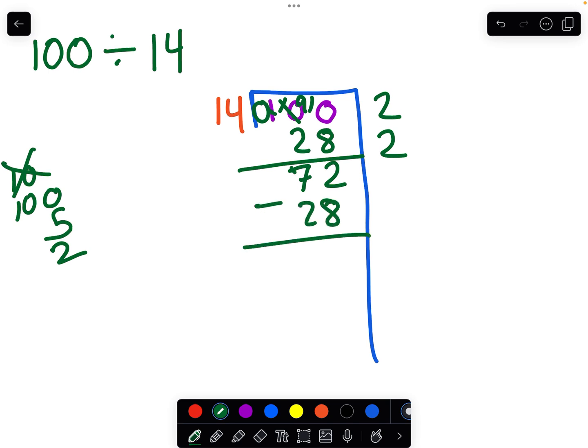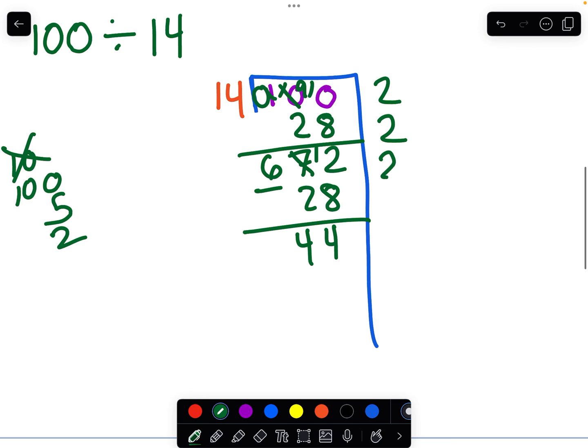And then I'm subtracting, so we've got 44. Let's just keep going down this road. 14 times 2 again is 28. As long as this number here is larger than this number, we can keep going and keep finding partial quotients.